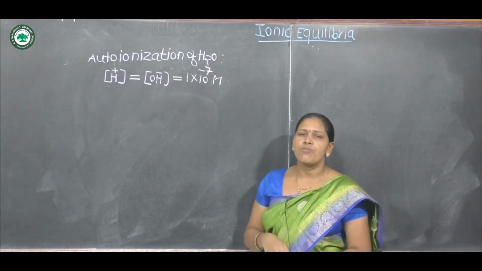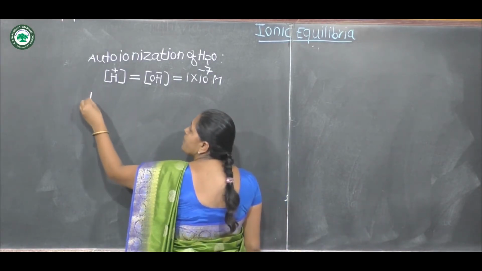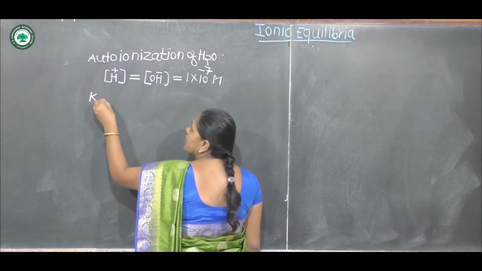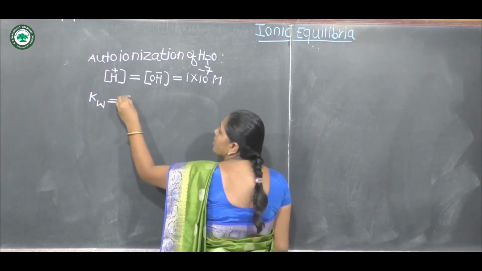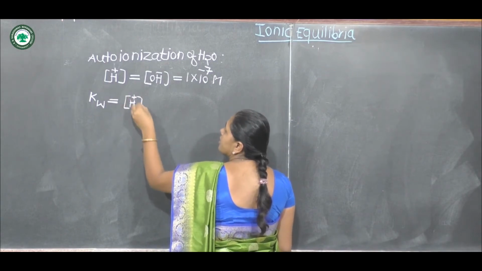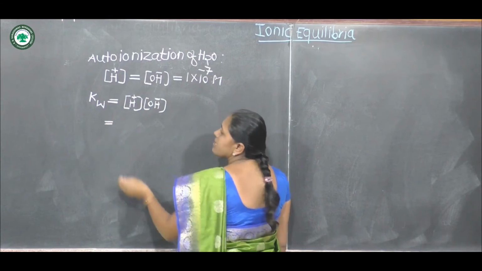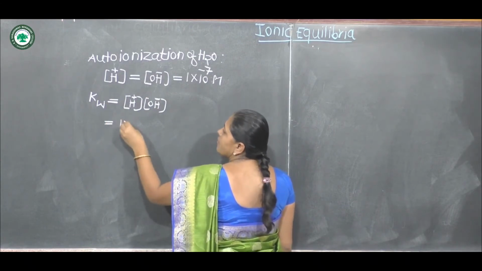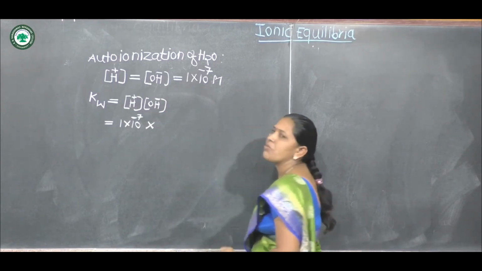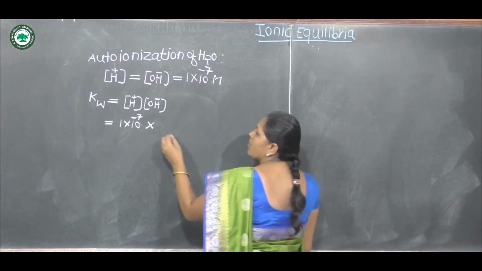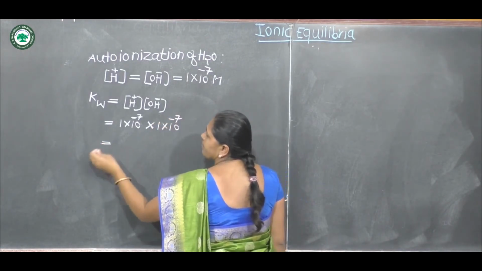From this value comes the ionic product of water, which is denoted by Kw. Kw is equal to concentration of H plus into concentration of OH minus. By substituting values, concentration of H plus is equal to 1 into 10 raised to minus 7 and concentration of OH minus is also equal to 1 into 10 raised to minus 7.